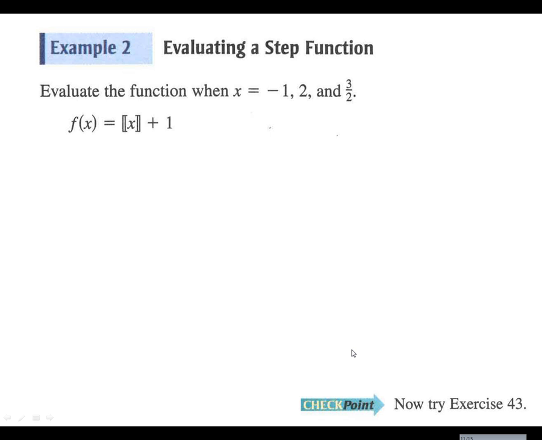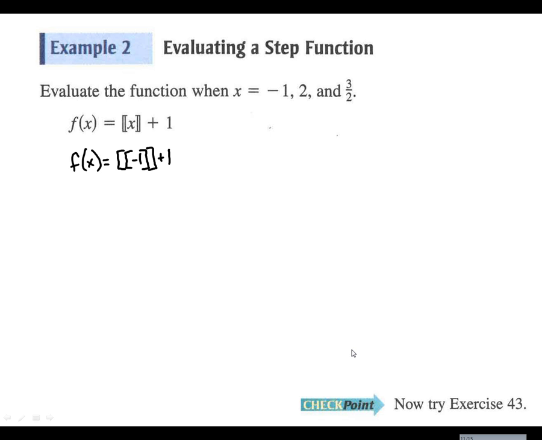Let's evaluate the function when x is -1, 2, and positive 3 halves for the step function of x plus 1. So let's go ahead and do the step function of -1. The important thing to remember here is that this is really only affecting decimals.